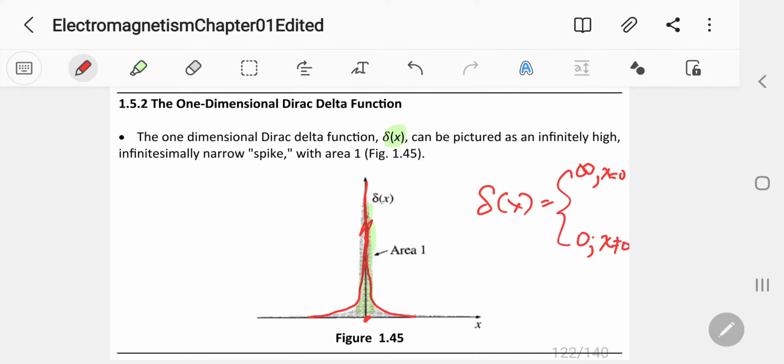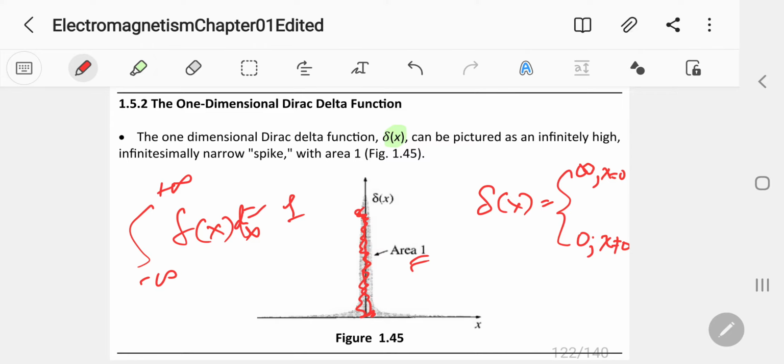And the total area covered by the Dirac delta function is equal to 1. This means that the integral of delta x from negative infinity to positive infinity dx is equal to 1.